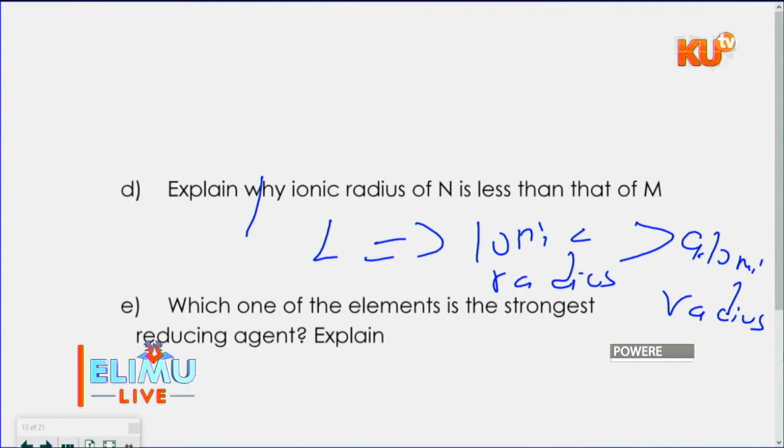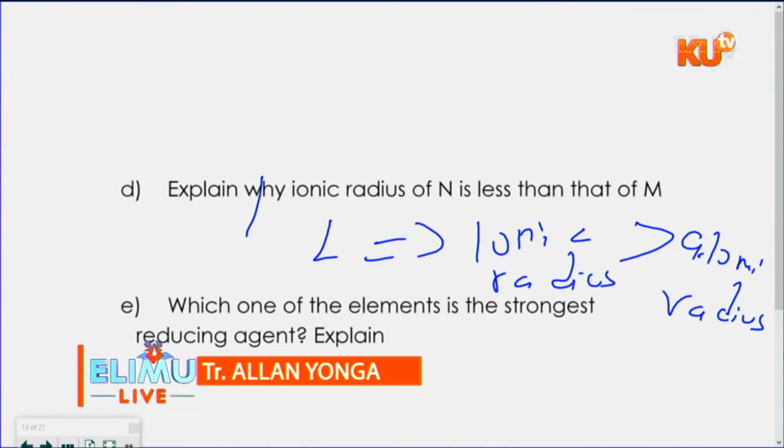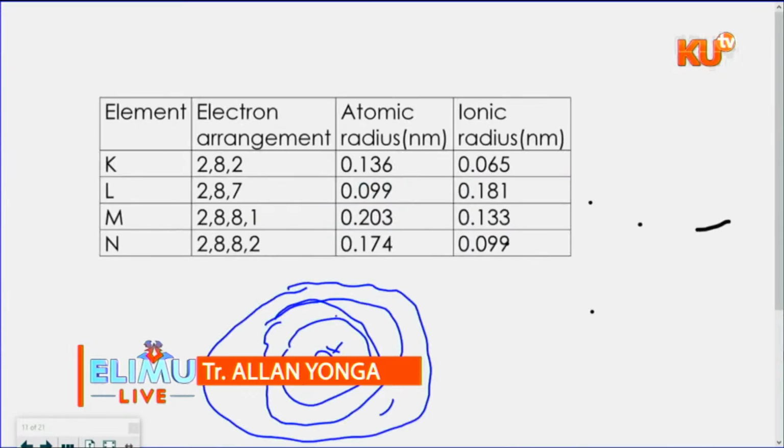Let's move to question D. Explain why ionic radius of N is less than that of M. To the table, you can observe the ionic radius is less than atomic radius. As I was explaining how to classify a substance as a metal or a non-metal and ions, I had said earlier, metals form ions by losing electrons.